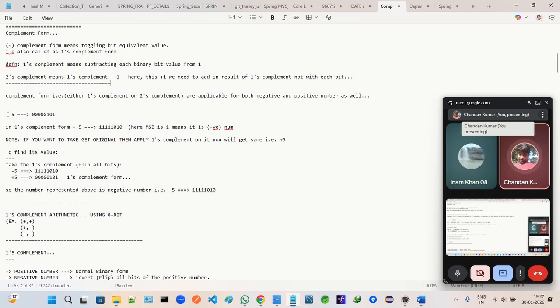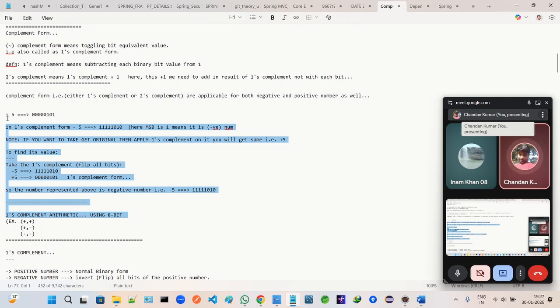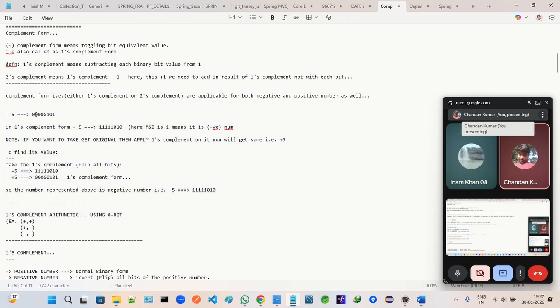This one. Just focus over here, plus 5 is there now. This is called the magnitude bit, and this is called the sign bit, sign bit and magnitude bit, right?